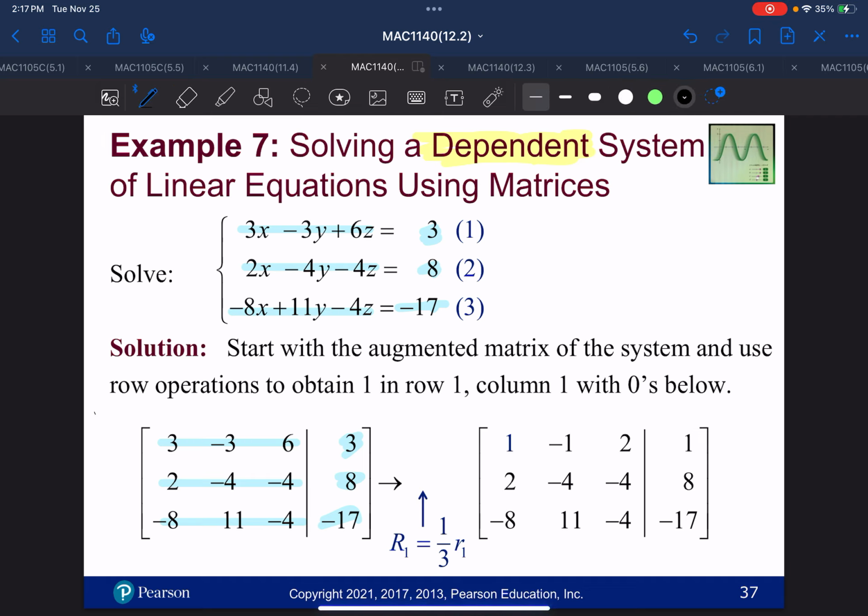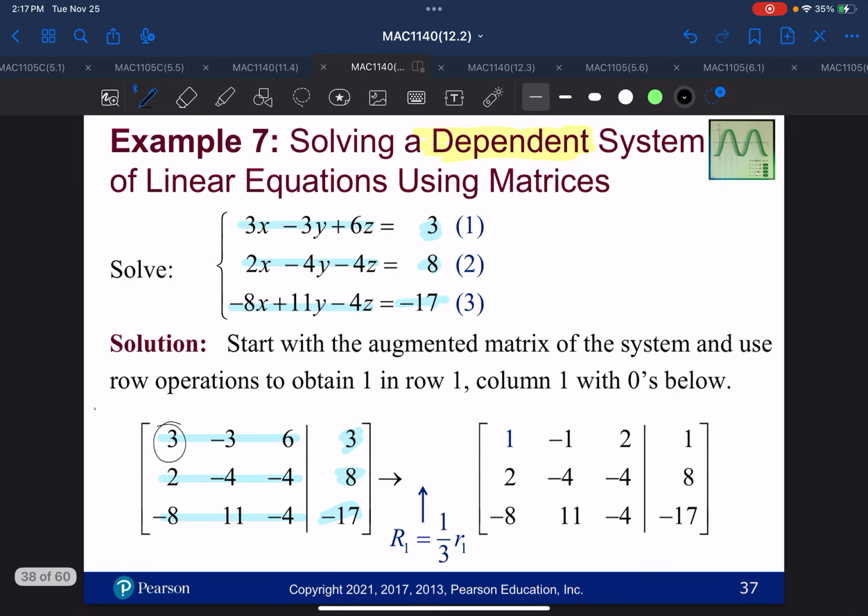And then I'm going to start taking steps using my row operations to get it in row echelon form. Now you could use your calculator to do this as well, but I'm just going to go over the row operations with you one more time. Remember, the first step is to get the first entry equal to 1, so I can divide the first row by 3. That's the notation there.